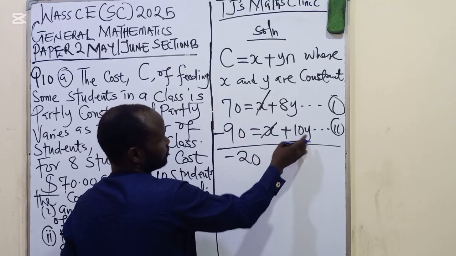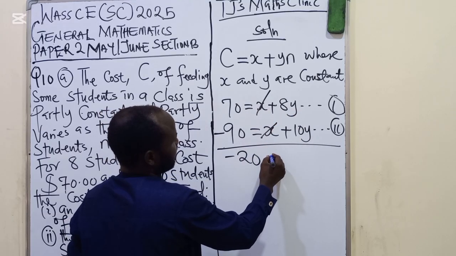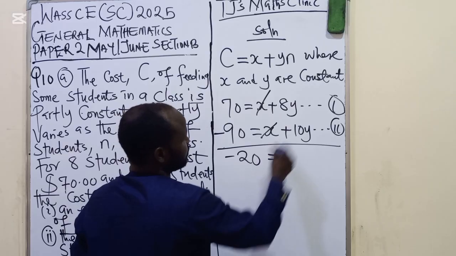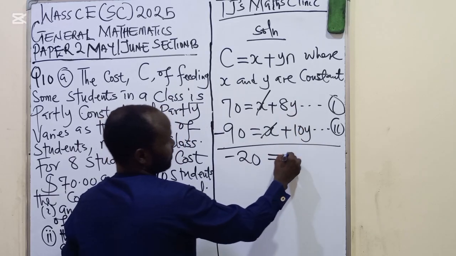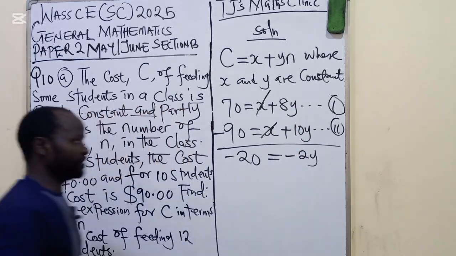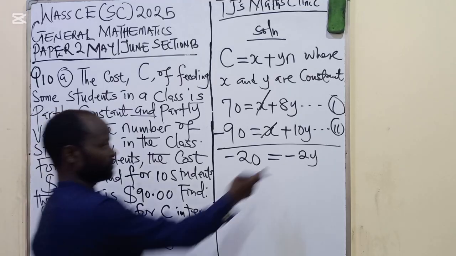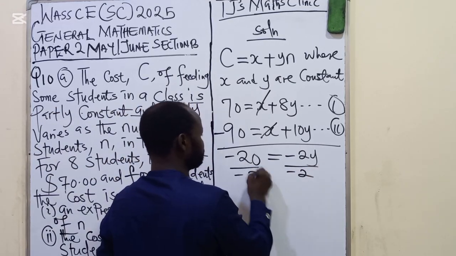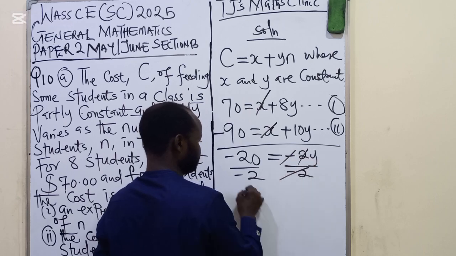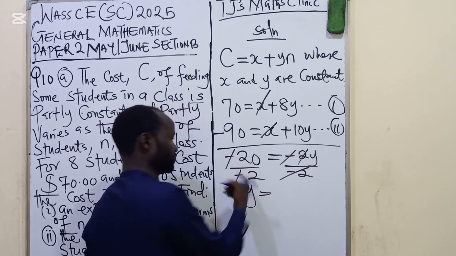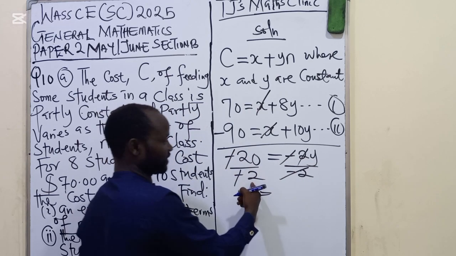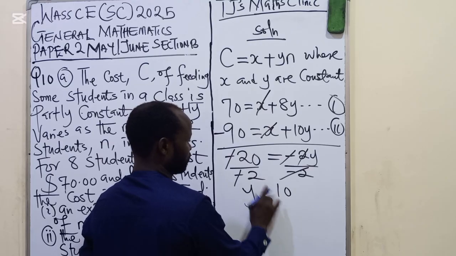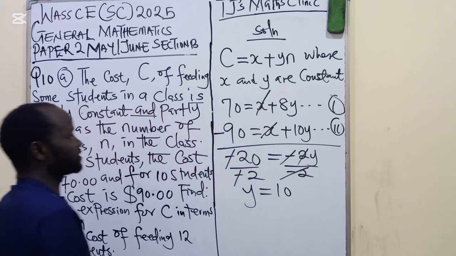Then 8y minus 10y is minus 2y. Then we divide both sides by minus 2 to find y. The minus signs cancel, and 20 divided by 2 is 10. So the value of the constant y is 10.